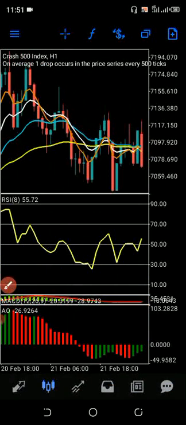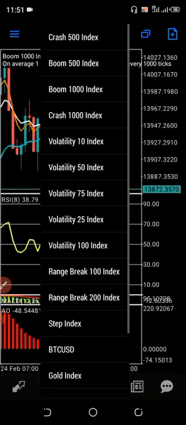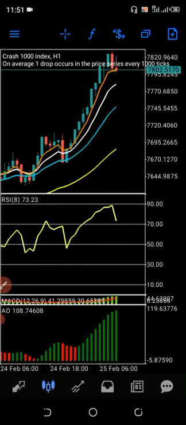Now watch carefully. How do you know that this market is about to reverse? Remember, this is Crash 500. I love to use Crash 1000 because Crash 1000 has a longer length. It has more strength to hold the market for a long time. Now look at what is going to happen here.